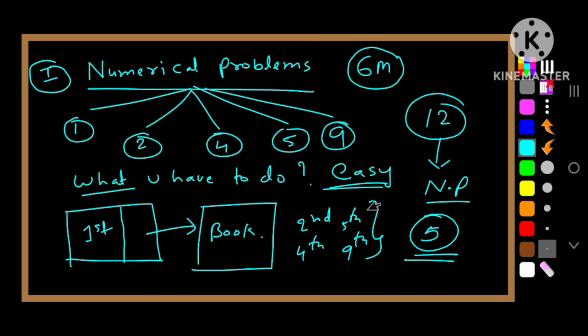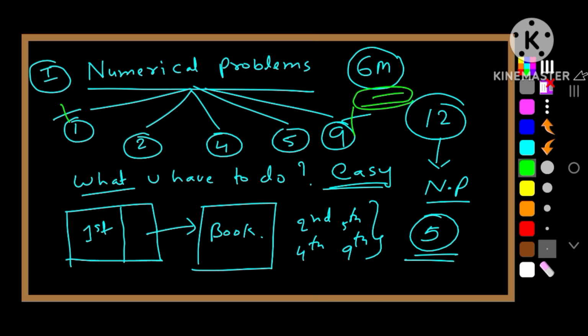And that too, the numerical problems of first chapter and ninth chapter. First and ninth, they are very easy. So if you go through these numerical problems like this, definitely you are going to score 6 marks.